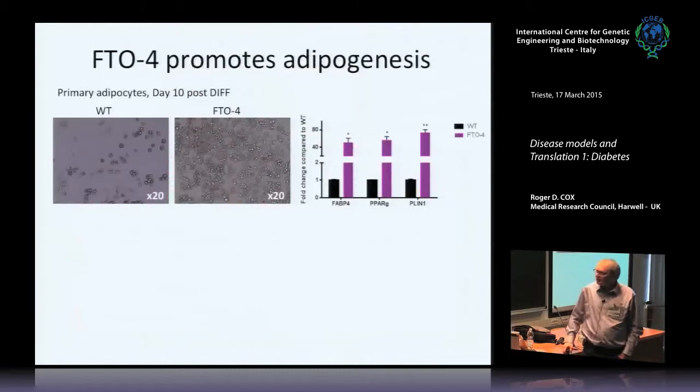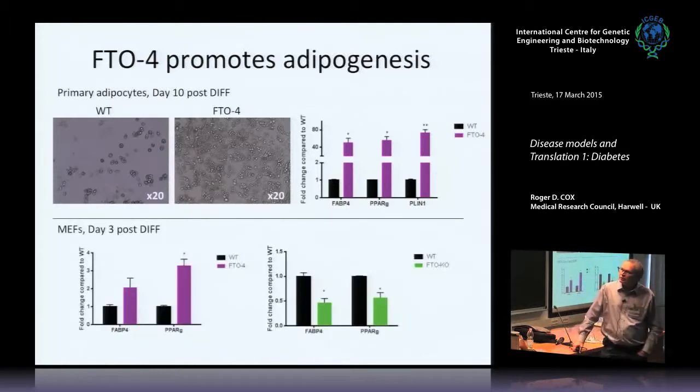So FTO overexpression seems to promote adipogenesis. And again, looking at these primary adipocytes 10 days post-differentiation, you can see strong expression of these genes, PPAR gamma, perilipin, which is involved in storage of fat, and fatty acid binding protein, which is involved in metabolism. So FTO overexpression promotes adipogenesis, and we see this in mouse embryo fibroblasts as well.